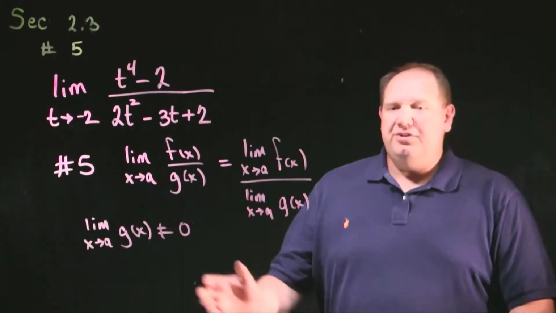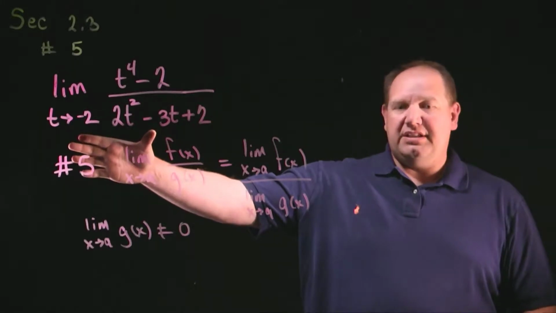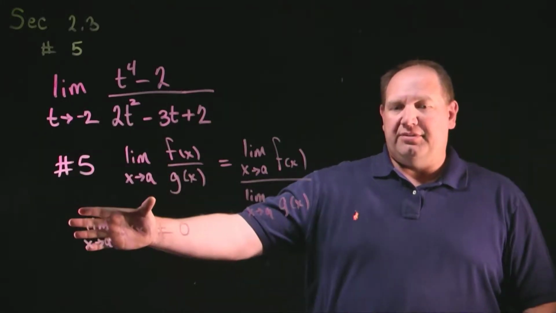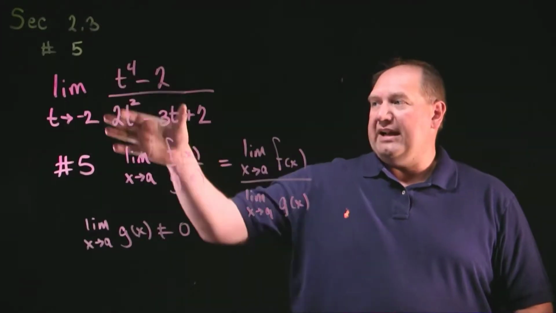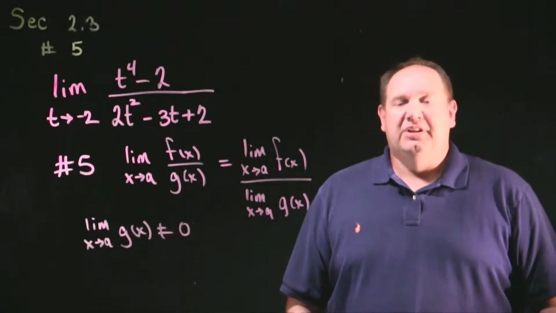So then what I'm going to do is rewrite this limit using limit law number 5, placing the limit as t approaches -2 on both top and bottom of the rational function. So let me do that.